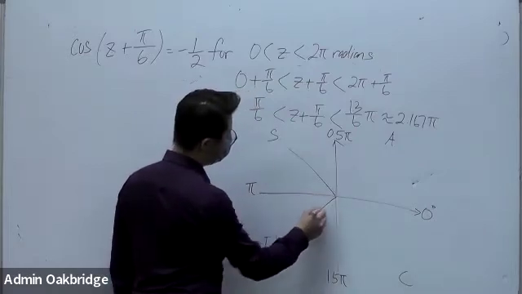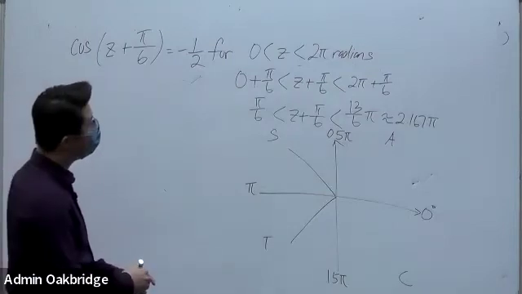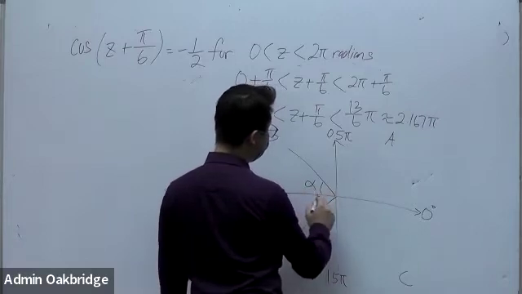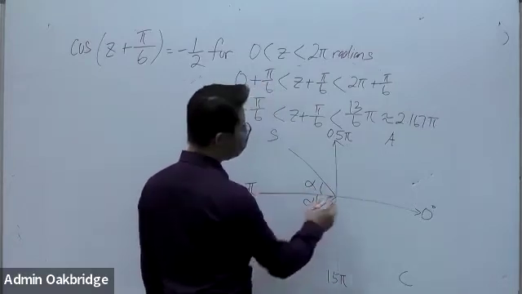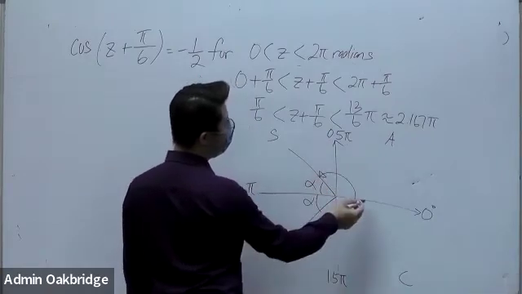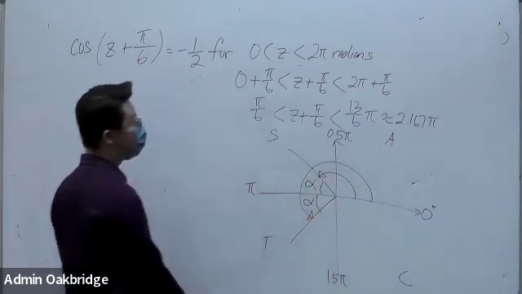Second and the third one. All right. And then label the basic angle. And then our first angle is in the second quadrant, this one. And then the second angle is in the third quadrant.